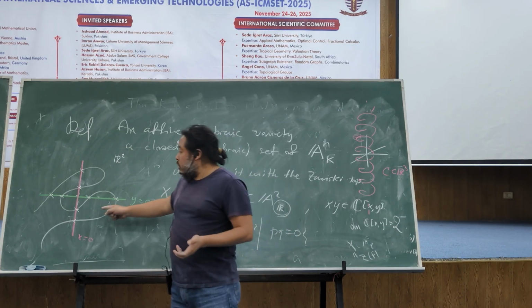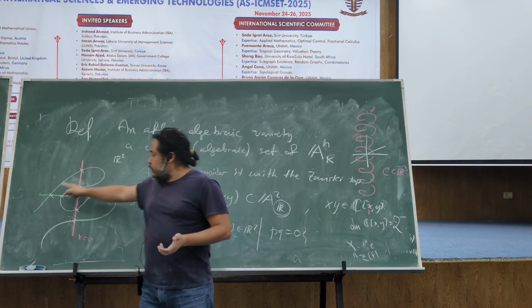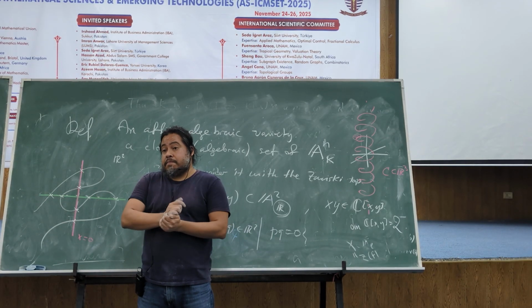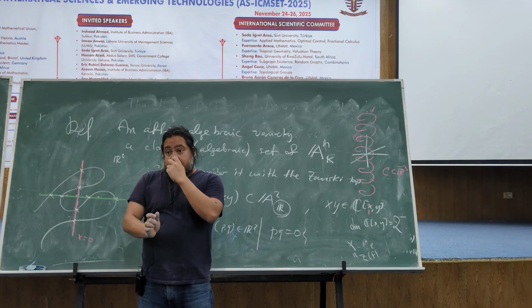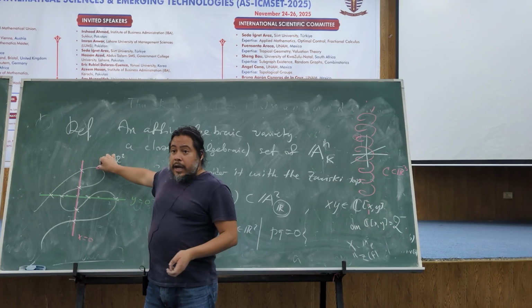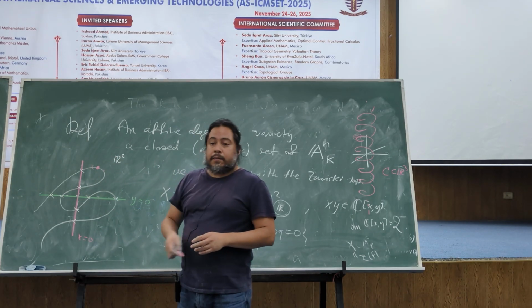Imagine that I have a smooth curve here in the plane, like this white one. Maybe I can do the same. For example, I put myself at this point and I want to study the local properties of the curve around that point.